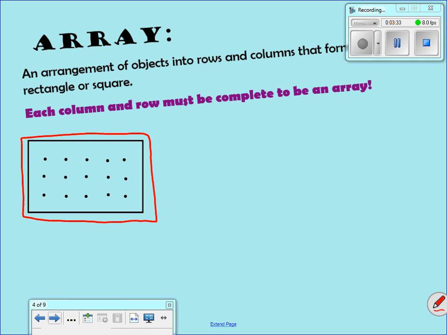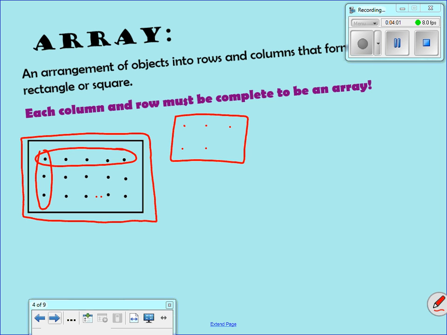What's special about an array is that each column, this is a column, and each row have the same number of dots. You'll never see an array like this. Well, you might, but when we're using it for factoring, this is the type that we want for factoring.